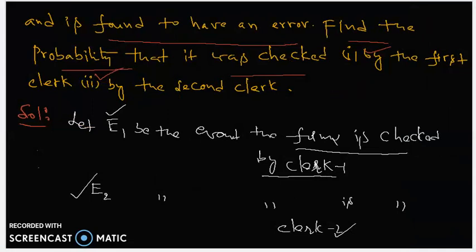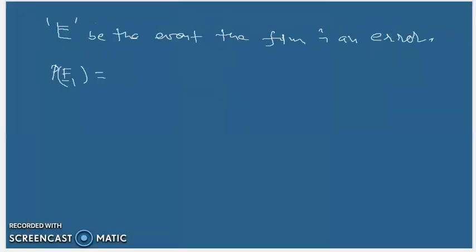So indirectly it is the probability of the clerk 1 checked reservation forms. So that is given 55%, which means 55/100, that is equals to 0.55.